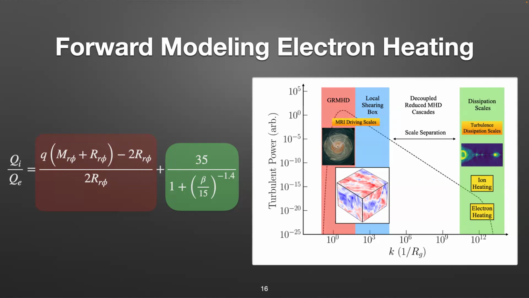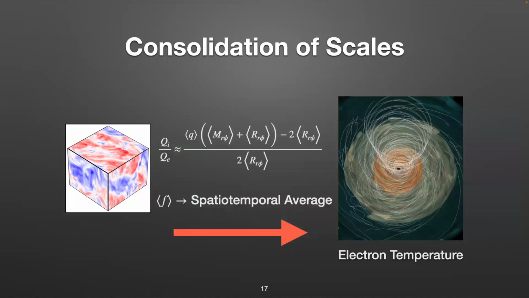Okay, so what would it take to put this back into a global two-temperature MHD simulation? These quantities in a local shearing box, whenever we study turbulence there, are statistical numbers.